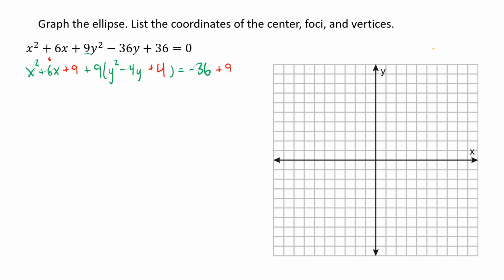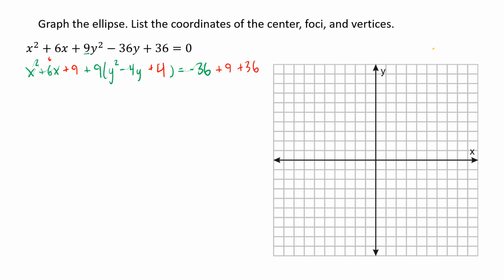And when we put that 4 in there, everything inside that parentheses is being multiplied by 9. So what we really did to the left side of the equation is increase its value by positive 36. So we need to add 36 to the other side too. So I'm going to add 36 over here.